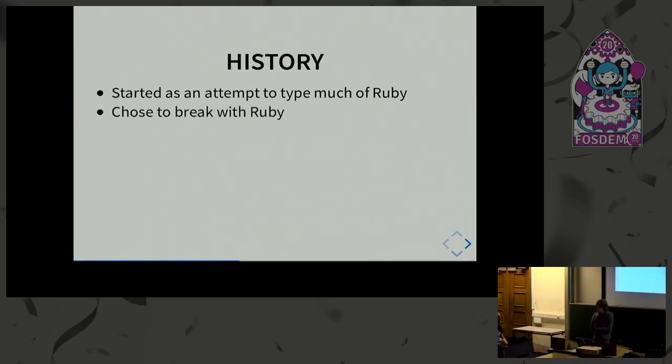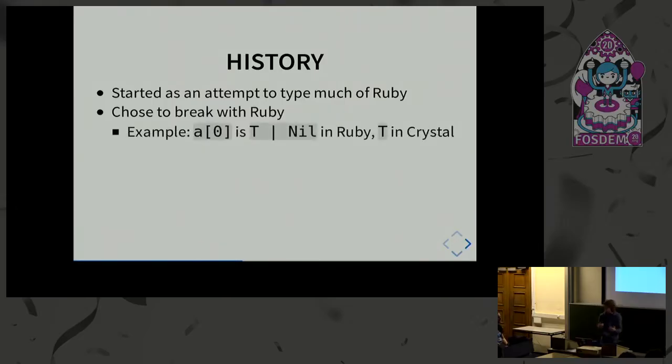Crystal chose to break with Ruby in a couple of key areas, which sets it apart from TypeScript and Python type annotations by expanding beyond the language that we were influenced by and creating a programming language which is unique in its own ways. For example, if you have an empty array and you access the first element in Ruby, you will get nil. In Crystal, you will get an exception.